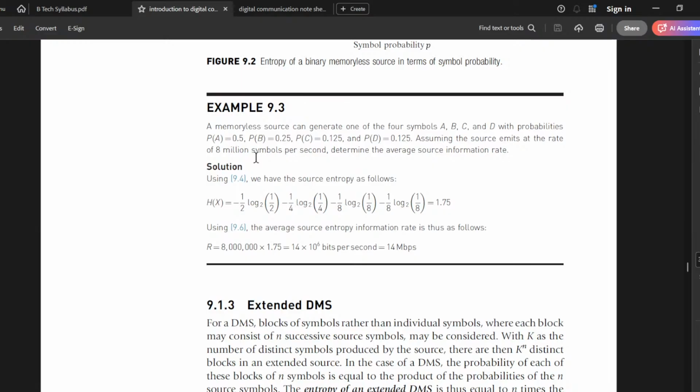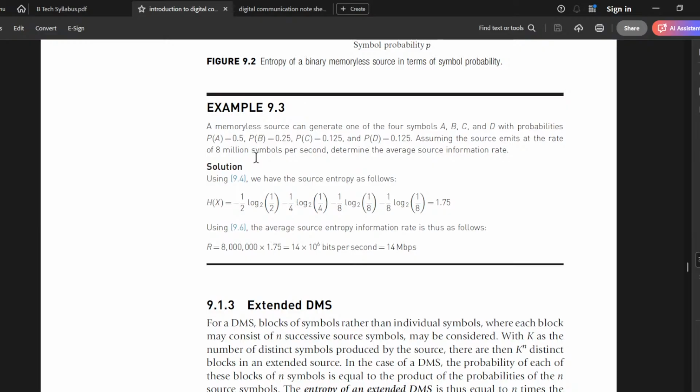So we have got the value of small r here. Determine the average source information. And we know capital R is equal to small r times HX. Using this, we can directly get the value of HX. So half is 1 by 2.